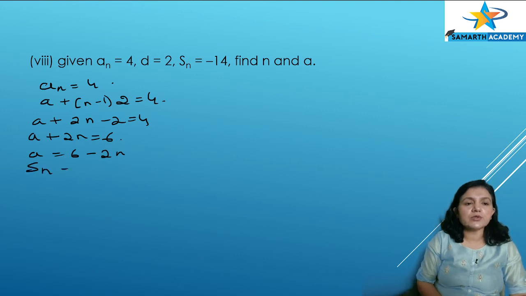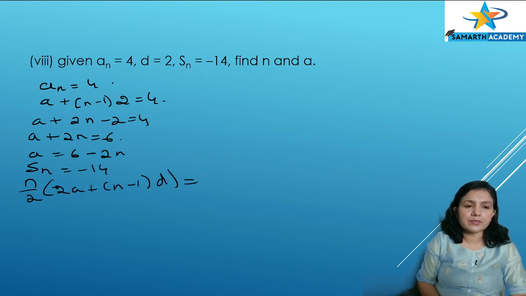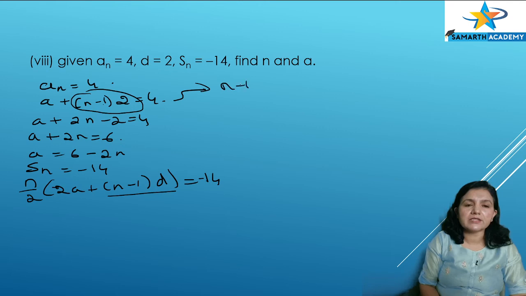So Sn is equal to minus 14, that is n by 2, 2a plus n minus 1 into d equal to minus 14. Here n minus 1 into d, which was this one. From here, what do we have? n minus 1 into 2 is equal to 4 minus a. I'll just put the value of that.